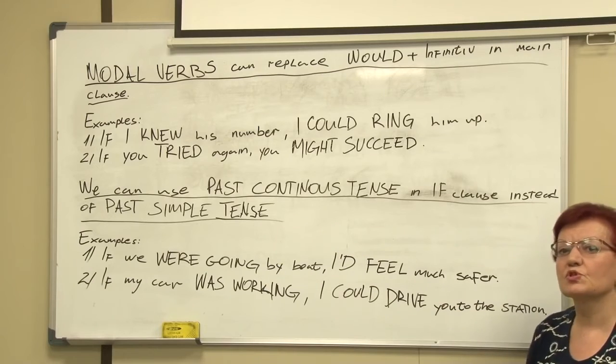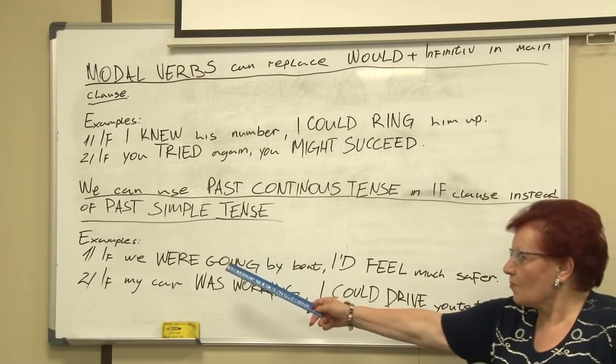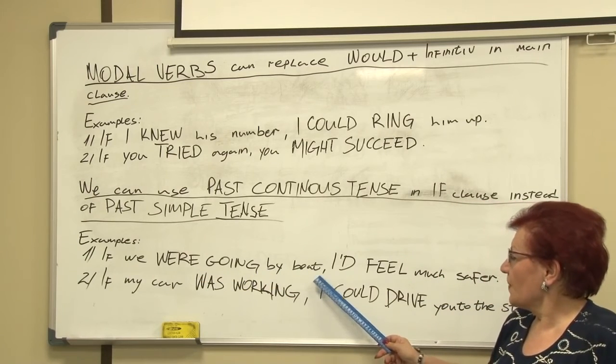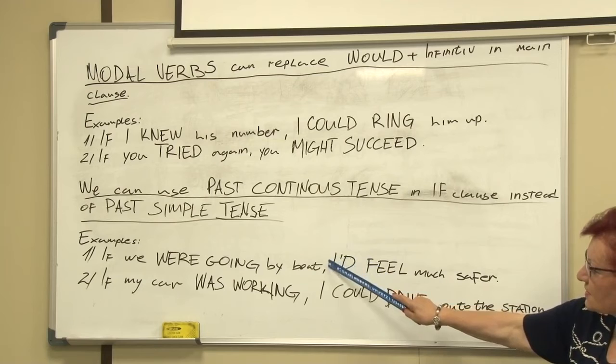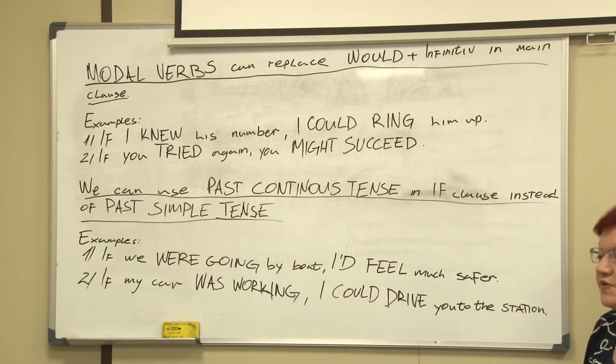One more possibility is that we can use past continuous in the if clause instead of past simple tense. And here are the examples. If we were going by boat, I would feel much safer. Here it is interesting that it is a conjunction, which is very frequent in the English language, in order to make it easier.